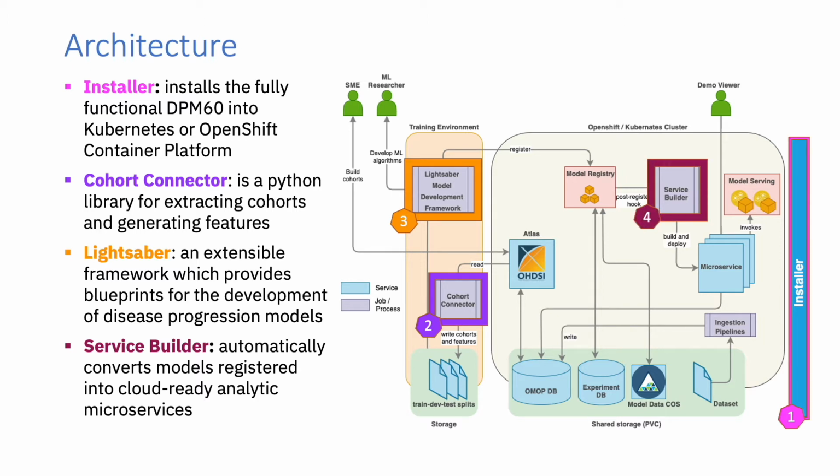Once the model is registered in the model registry, the service builder will automatically pick up the model from the registry and turn that into a microservice. We will interact with the microservice that is deployed on the cloud infrastructure to see how it works. So first, we will start with the installation, and the installation demo is being done by Piyush Madan.